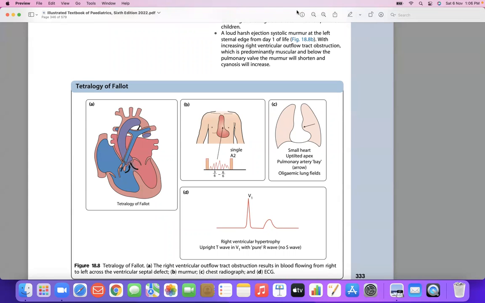Usually what happens in right ventricular hypertrophy is tall R waves in V1, and also you will see the upright T wave in V1 with pure R wave, no S wave, he is telling. But if you don't remember that also, it's okay, but you have to tell that there will be tall R wave in V1 and also upright T waves. This is very important here.